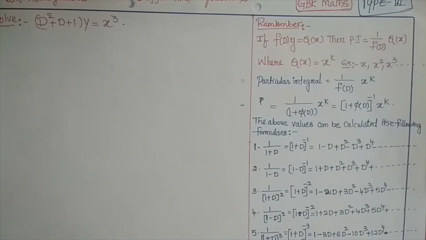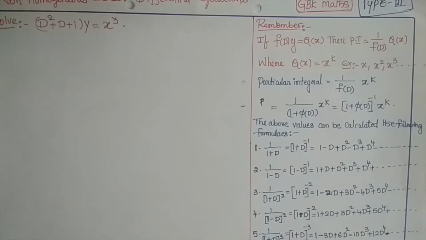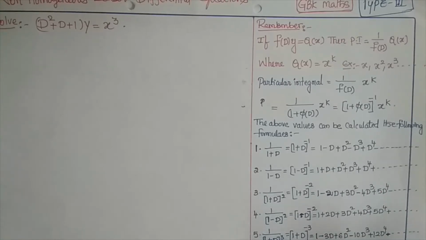If f of D into y is equal to Q of x is the general form of the non-homogeneous linear differential equation, then the particular integral is 1 by f of D into Q of x, where Q of x is x power k, a polynomial in x like x square, x cube and so on.